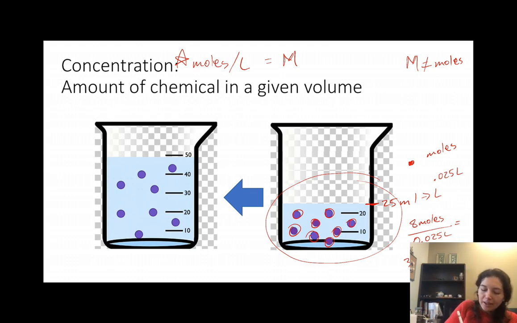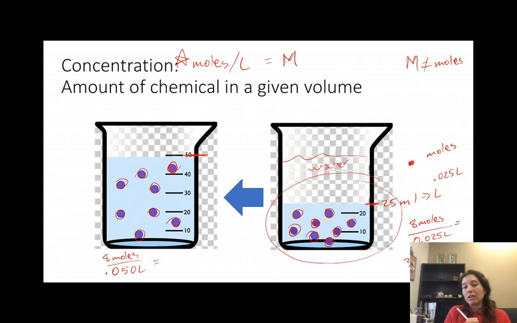Let's take another look here at these same moles. Let's say we add water up here. So we've got 1, 2, 3, 4, 5, 6, 7, 8 moles. It was originally in water. We've added more water. So we've got 8 moles, and now we're in a different volume. We're in 50 mils. So this would be 0.050 liters.